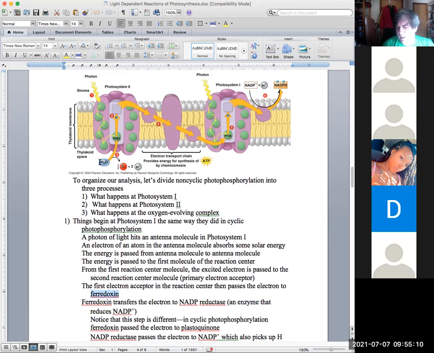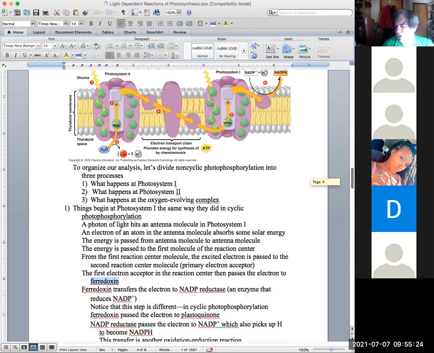Notice after the oxygen evolving complex gets done with it, we don't have water anymore. The electrons were completely separated from the oxygen atoms, and they were also completely separated from the hydrogens with a positive charge. So this is why you have to water your plants regularly. If you don't, they can't carry out non-cyclic photophosphorylation.